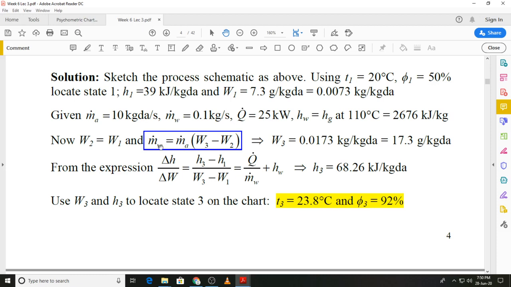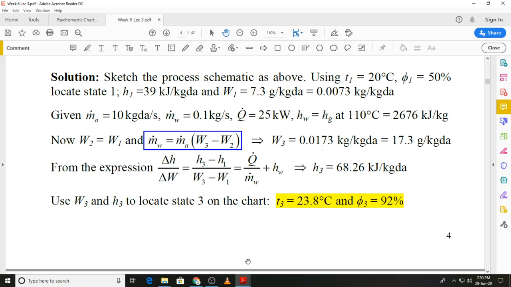So in this mass balance equation, m dot w and m dot a are known. W2 is the same as W1, which we have read from the psychrometric chart, and that gives us W3, which is 0.0173 kilogram per kilogram dry air, which, when we mark it on the psychrometric chart, we will convert into grams per kilogram dry air, which has a value of 17.3.